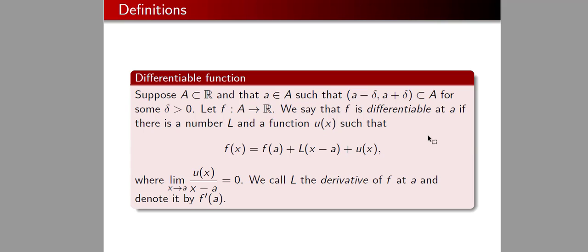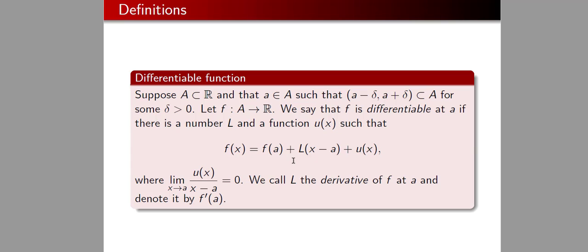Let f be a function from A to R. We say that the function f is differentiable at a if there is a number L and a function u of x such that f of x is equal to f of a plus L times x minus a plus u of x.